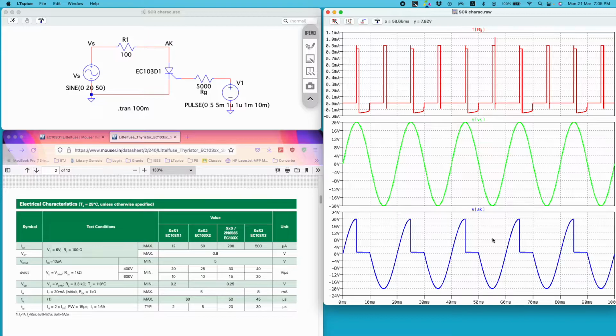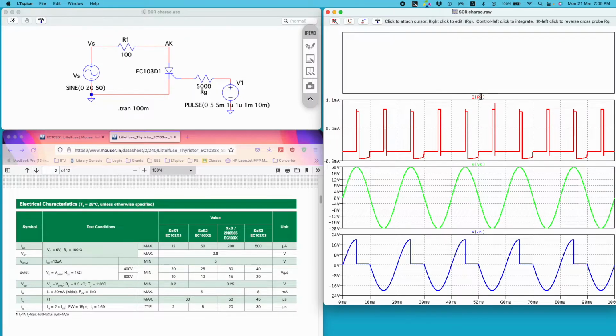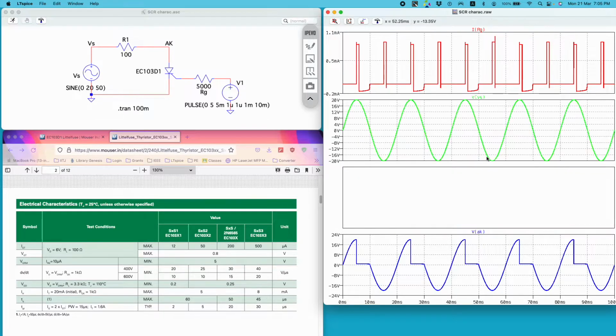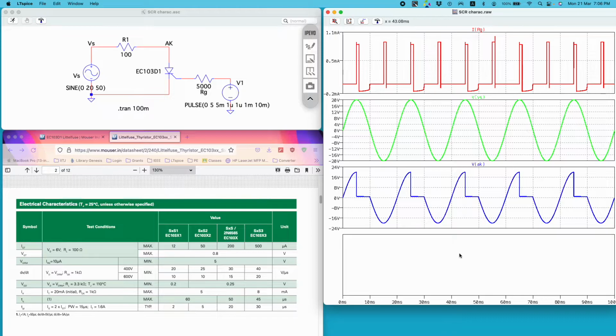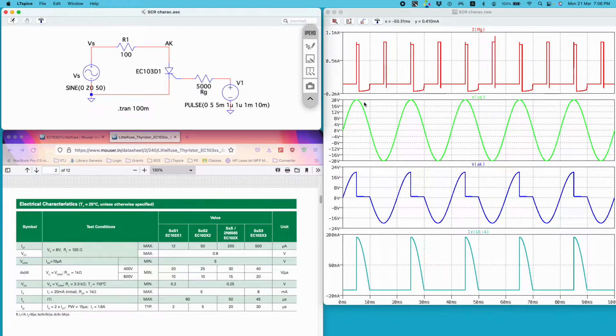And let me also plot the gate current in this last plot. So this is my input voltage, and at this particular instant I am injecting the gate current.